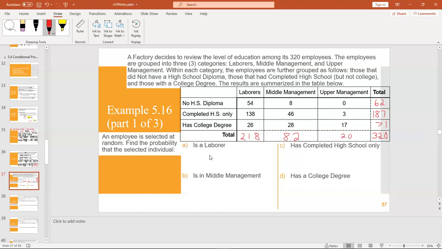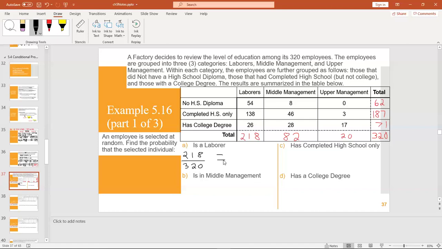So what's the probability that someone is a laborer? So there's no real restrictions to the conditions here. As long as the person's a laborer, there are 218 of them. The grand total is 320. So the probability for being a laborer is going to be 218 out of 320.